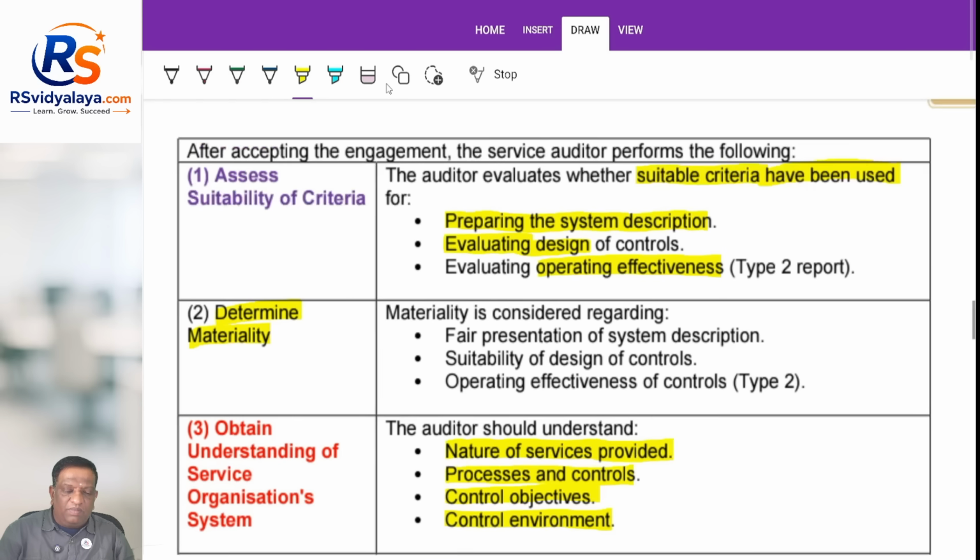And what is the control environment, how is it being monitored, is it effective? These are the points the SO auditor is trying to understand.